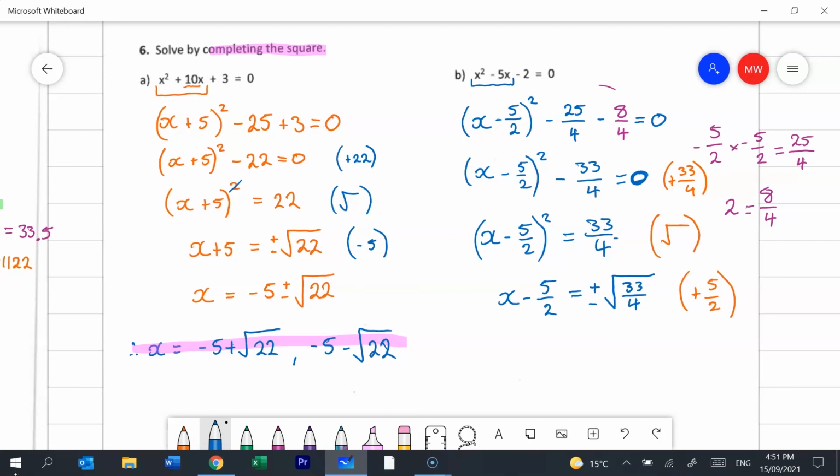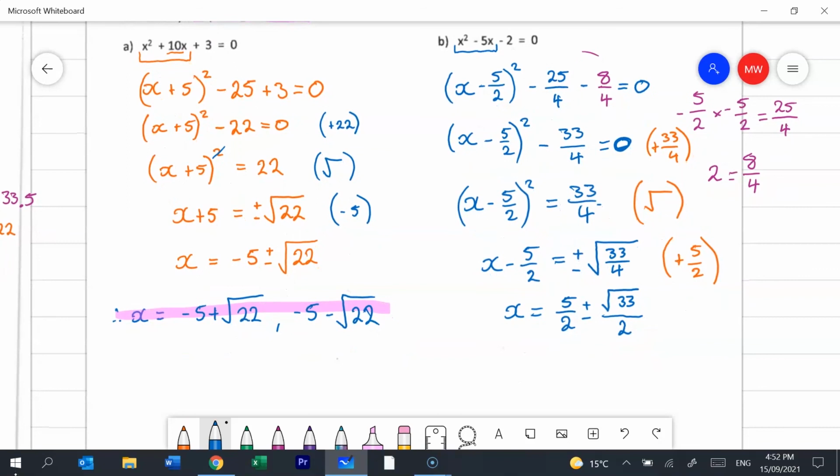So I'll have x equals 5 over 2 plus or minus. Now, the square root of 33 I can't do much with, so that's going to stay like that. But the square root of 4, because remember that applies to both of those values, is 2. So now everything's in halves and looks nice and neat.